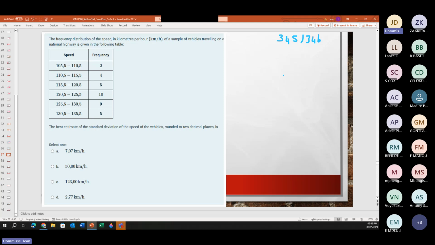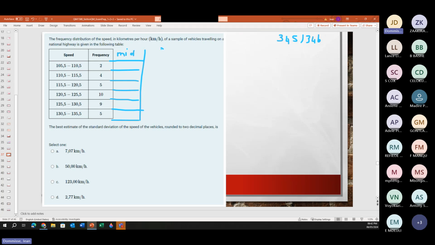Basically the first thing that in this instance you needed to work out was a midpoint. So you needed to work out a midpoint for each of the intervals.